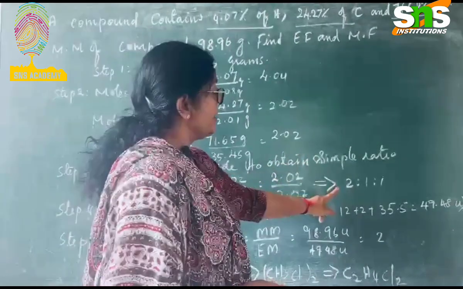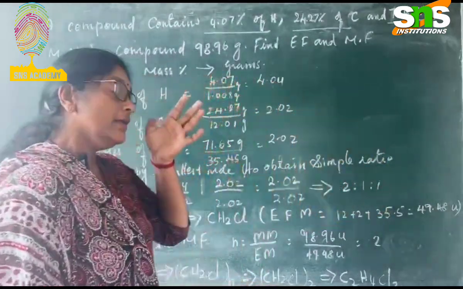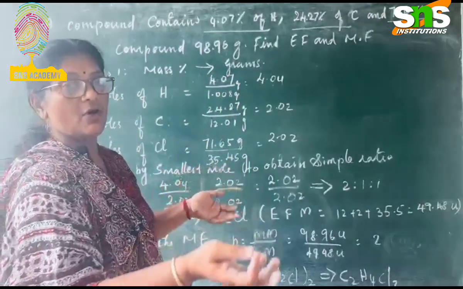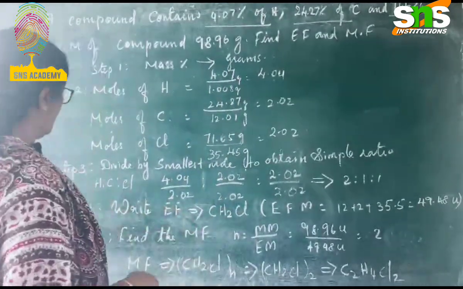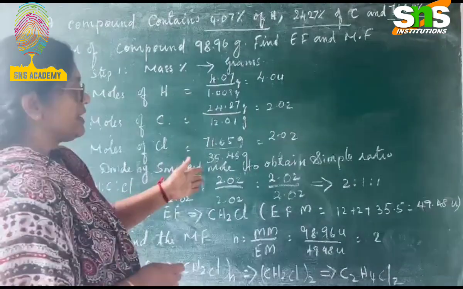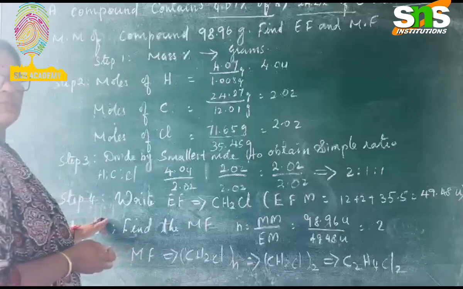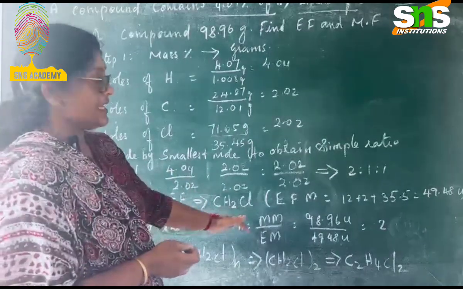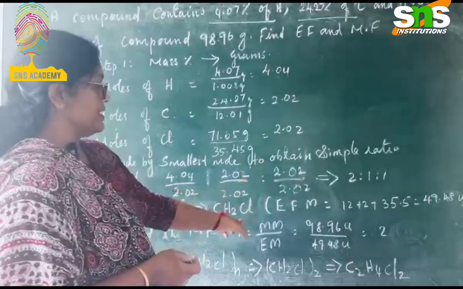So the ratio of hydrogen to carbon to chlorine will be 2:1:1. And if you put it in the increasing order of electronegativity, carbon will come first. So the ratio of carbon, hydrogen and chlorine can be taken as 1:2:1. And the empirical formula can be written as CH2Cl because hydrogen is 2 in number, carbon 1 and chlorine 1.